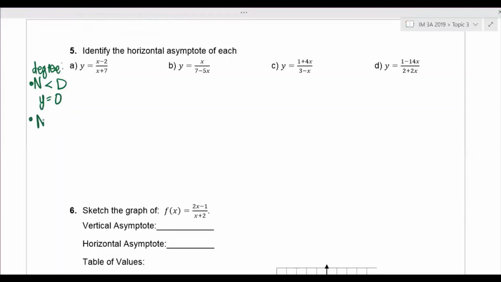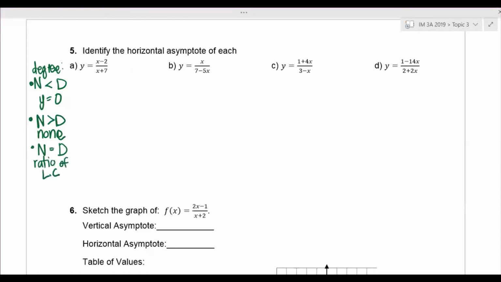Or the degree of the numerator can be greater than the degree of the denominator. In that case, there is no horizontal asymptote. And then if they were equal, what we saw in the last problem is that it's the ratio of the leading coefficients.